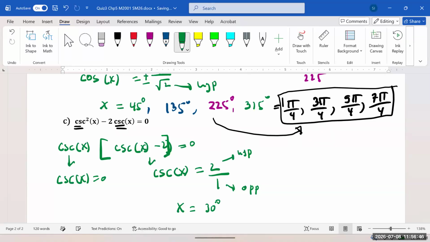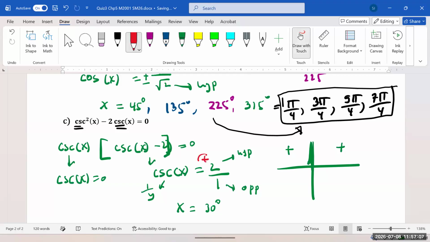So this is understandable. But since our domain is 2 pi, we have, this is y, right? 1 over y. So y is positive on the first quadrant and on the second quadrant. So this is positive 2.